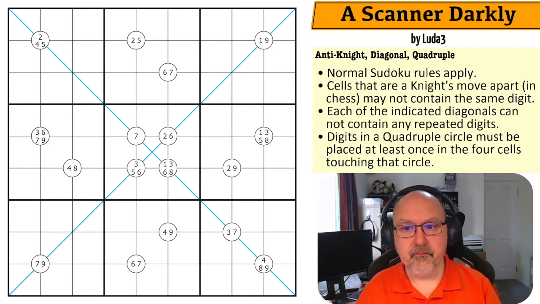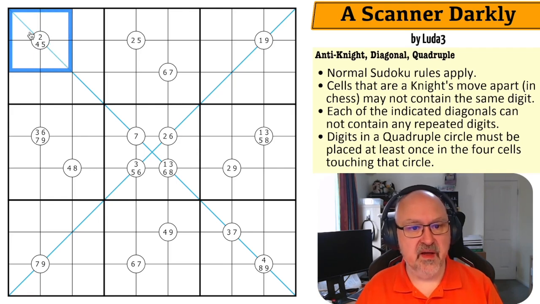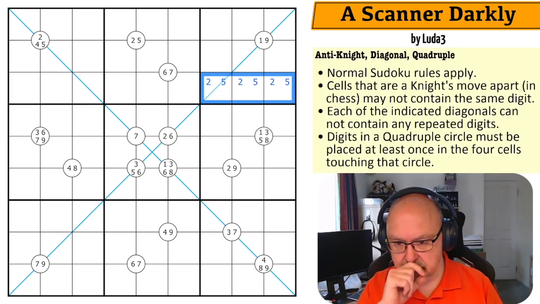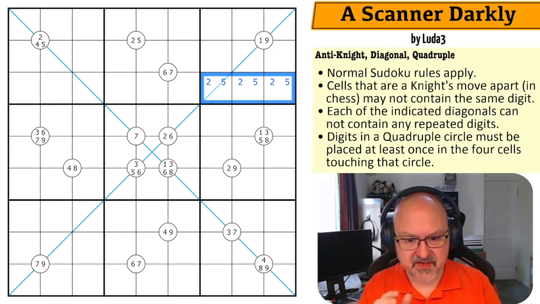So normally what I'm looking for here is some quadruple logic to get things started. Now, I possibly should be looking for Knight's Move, but I'm not yet. So, for example, we can see that because 2 and 5 have to be up here, they can't be down here. So 2 and 5 are in those cells. Now, I'm looking for that sort of pressure.